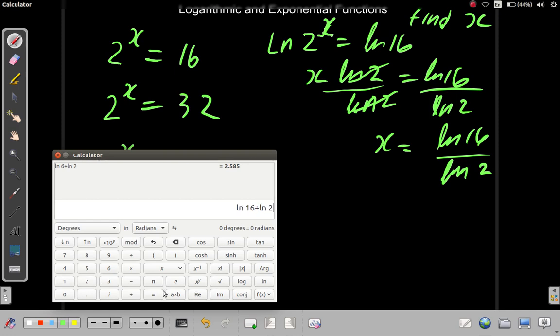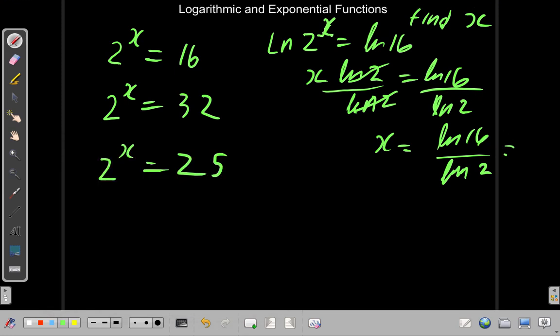It's ln 16 divided by ln 2 equal, and you get 4 as your answer here.